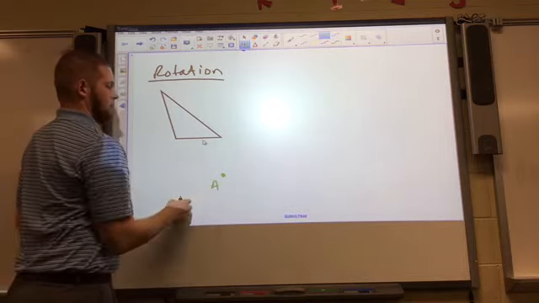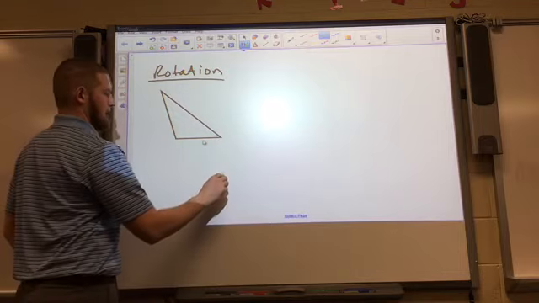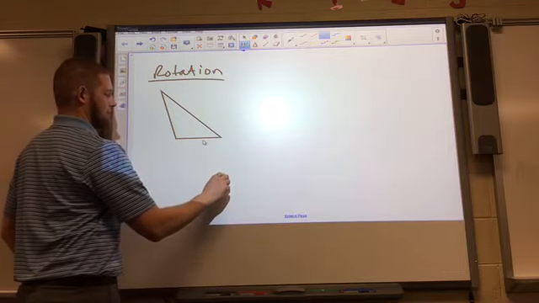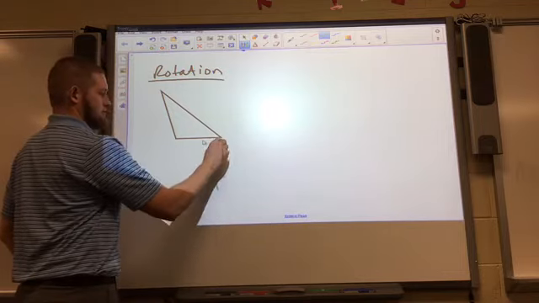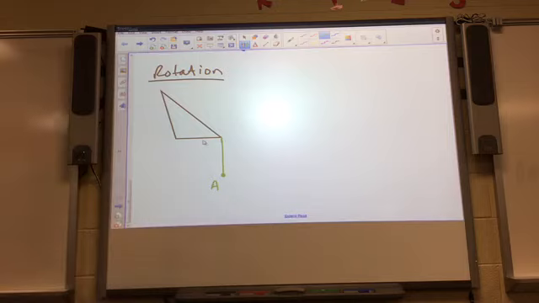Now, we got to be careful here. And what I would do, because this is going to be a little challenging if you don't take your time and be careful with this, I would connect that point with a point on my figure. Looks like maybe it even makes a right angle in that case, right?